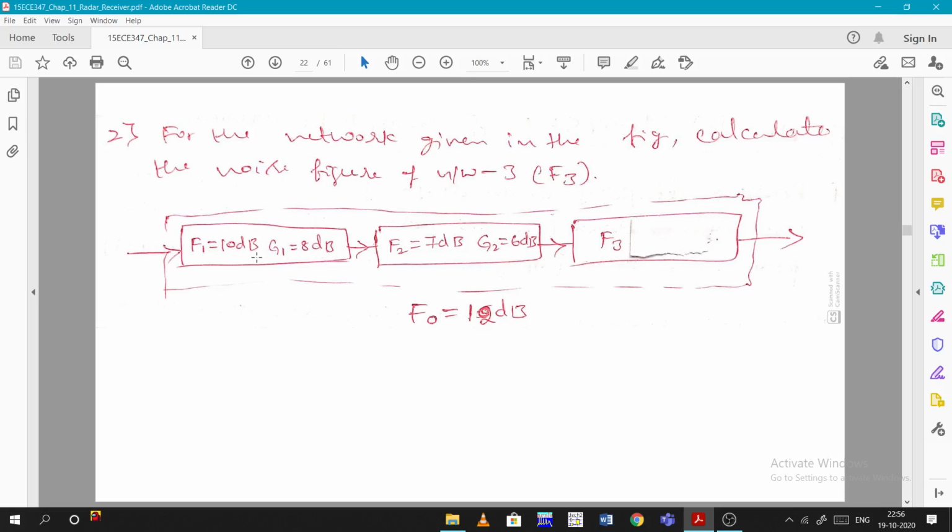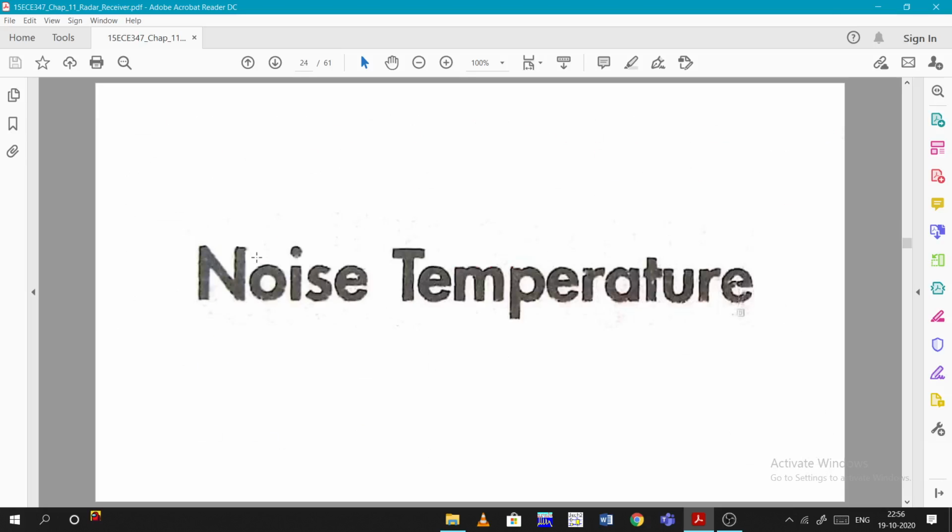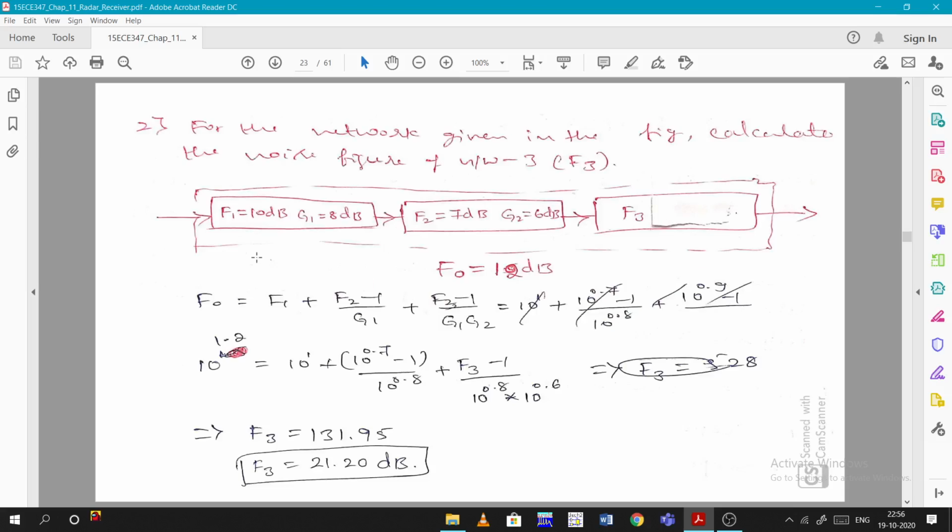So this is our three networks. Here also you can observe that without knowing F3 or G3, we are still able to find the total, because they gave us the total F0. From that we can directly find F3 from the above equation. You substitute and we will get F3.